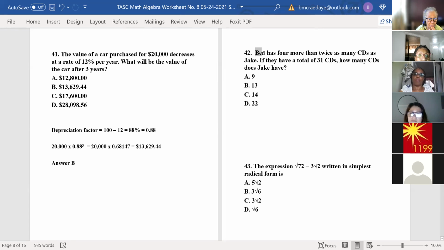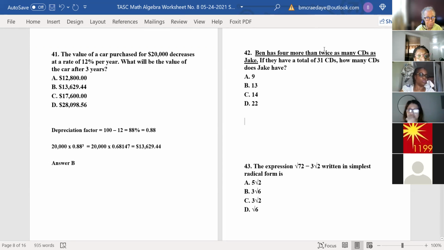I just say, like, Ben has 4 more than twice as many CDs as Jay. But how did you write this mathematically? I didn't do anything in mathematics. I just read it out and do it. Yeah, but how did you translate this to the math?